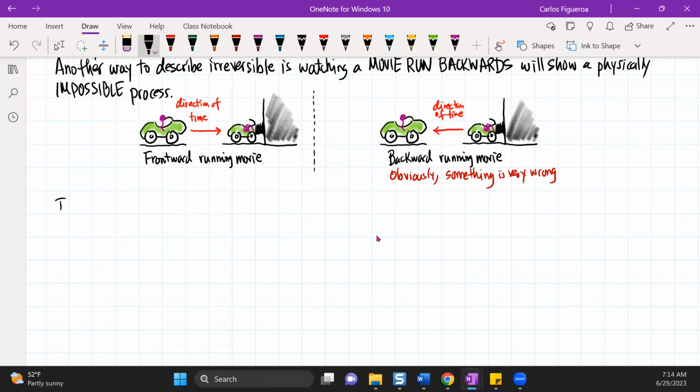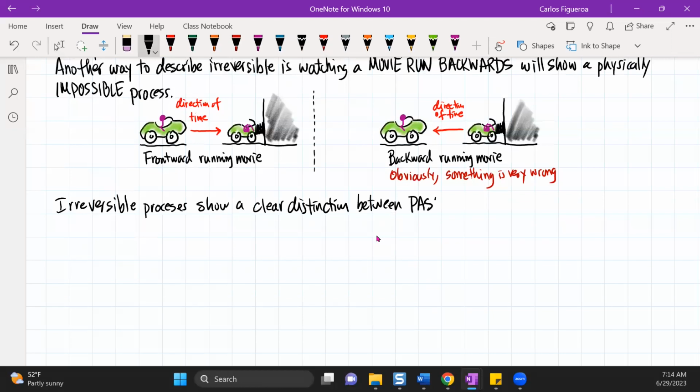So we can say that irreversible processes show a clear distinction between past and future.